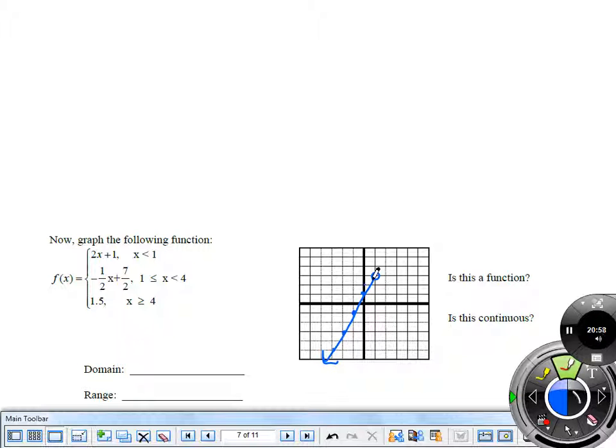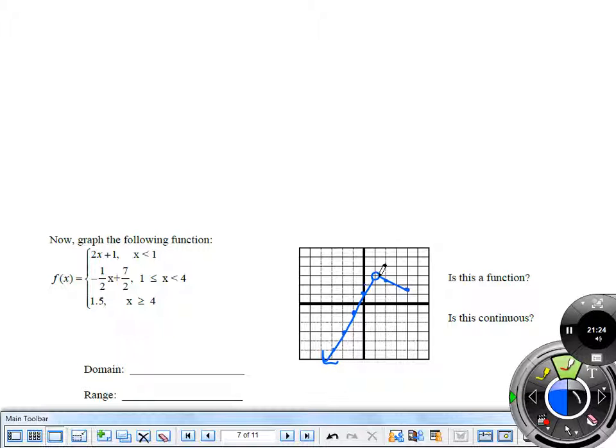So notice I gave it a stopping point by telling someone I only wanted it while x was less than 1. Okay? Then the next piece that I wanted, 1, 2, 3 and a half, down 1 over 2. So the next piece that you highlighted looked like that, right?